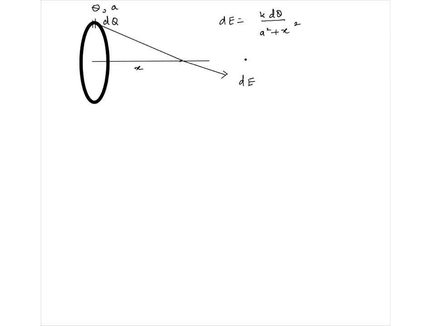If vectors are in the same direction, 2 plus 3 is 5. That means now we can integrate. We could not integrate this dE, but we can integrate this component, and that component is dE cos theta. So while this is correct, putting the integral sign over here would not be correct.